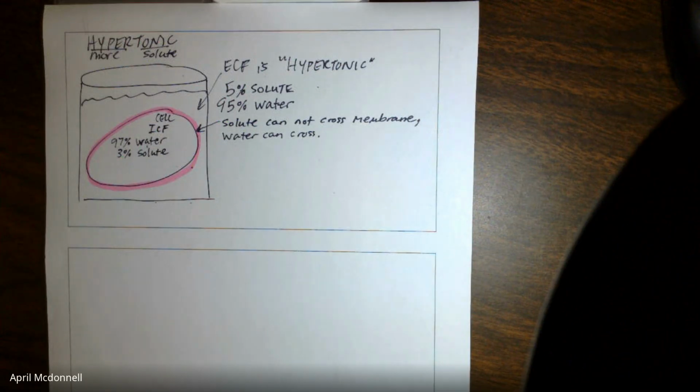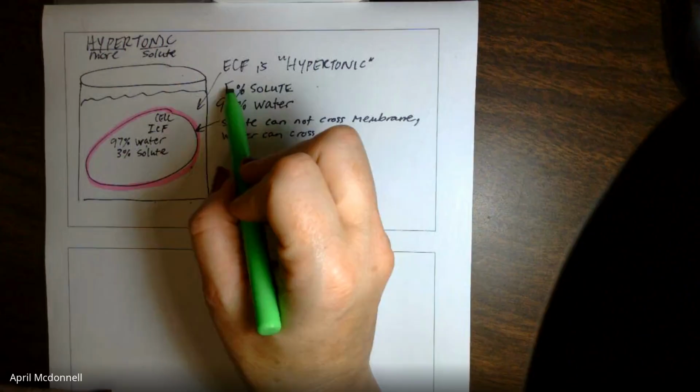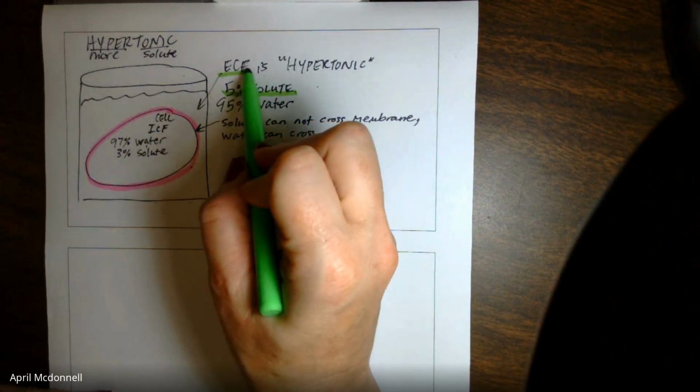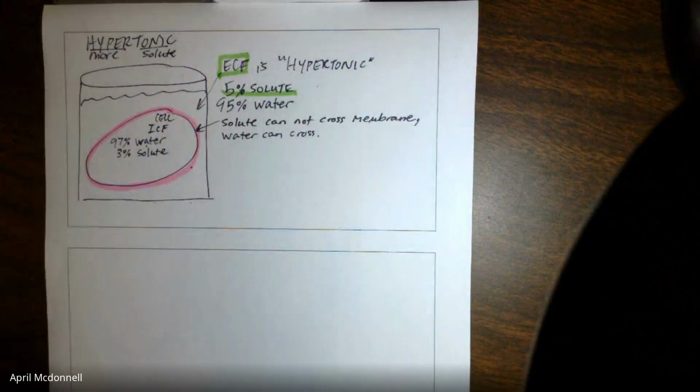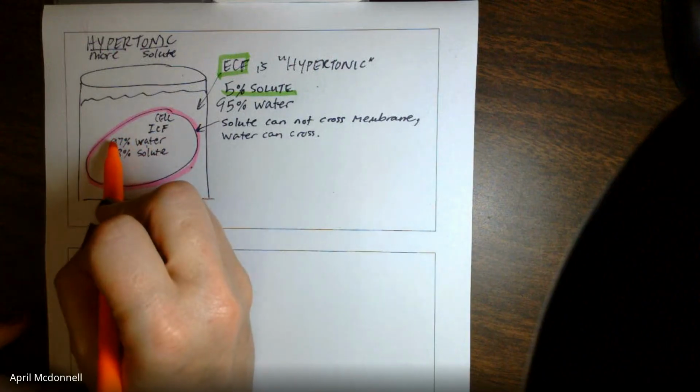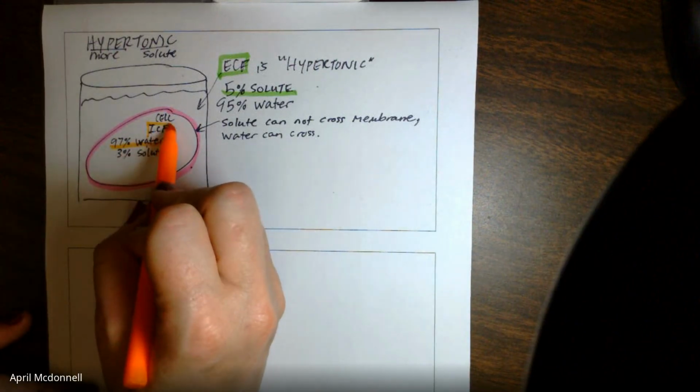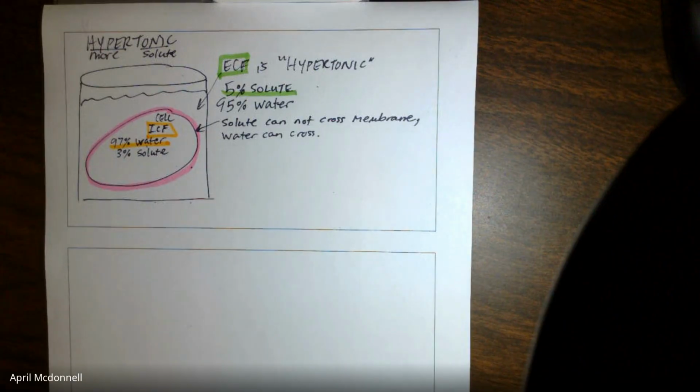It looks like there is a higher concentration of water in the ECF. And then there is a lower concentration of water in the ICF. And water will always want to move from an area of higher to lower.